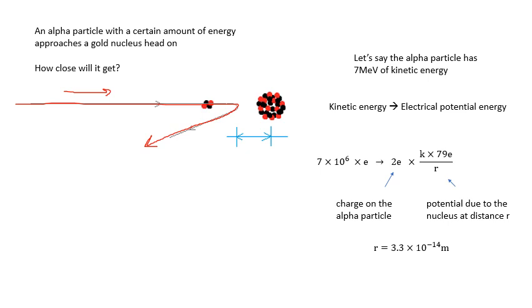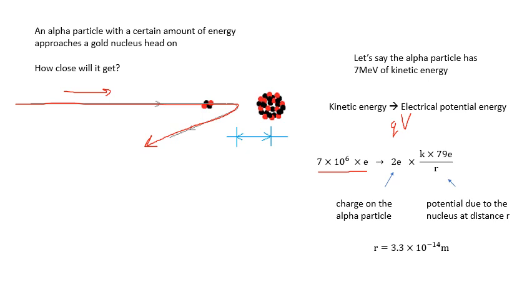So my 7 mega electron volts, that's here. Here, the electrical potential energy is, if you like, little q times V. Q is the charge on the alpha particle, which is 2e.